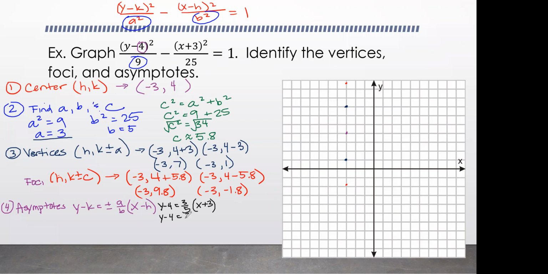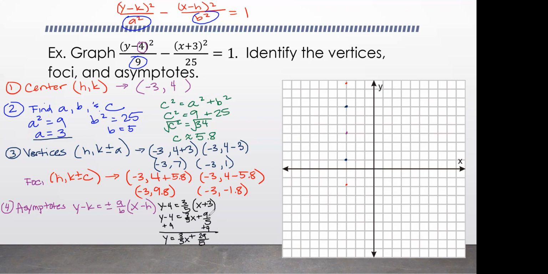Distributing 3/5 gives 3/5 x, and 3/5 times 3 is 9/5. I need to isolate y, so I add 4 to both sides, and I end up with y equals 3/5 x plus 29/5.